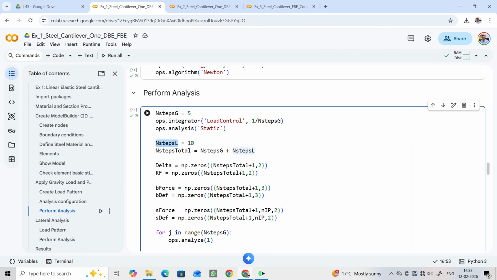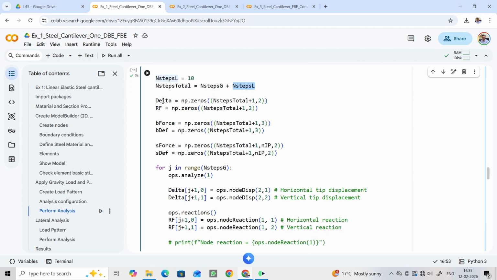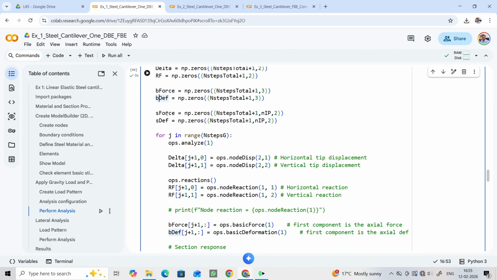And then for lateral load, I am saying we will apply the lateral displacement in 10 steps. So, my total step is nStepGravity plus nStepLateral. Okay. And then delta is an array where I am storing the displacement of the top node, and RF is an array where I am storing the reaction force at the base, and then the basic force and basic deformation also you can record, section force and section deformation also you can record.